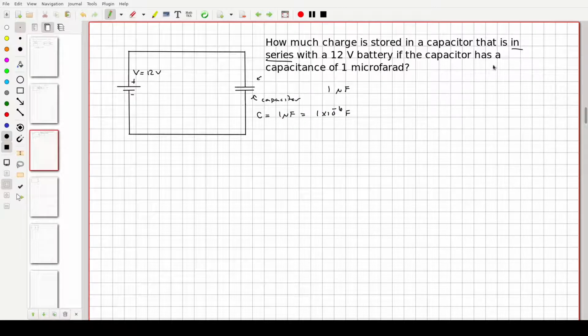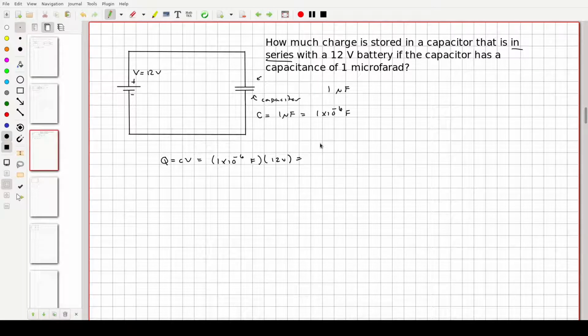What we want to do is find out how much charge is stored in here. So we're going to use Q equals C times V. C is 1 times 10 to the minus 6 farads, and our voltage is 12 volts.